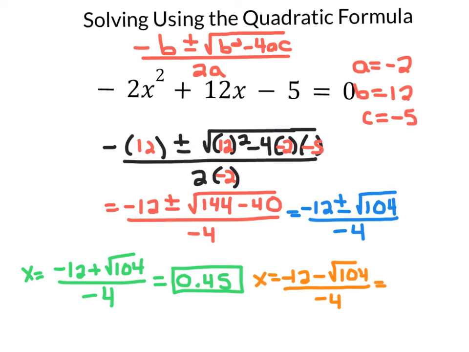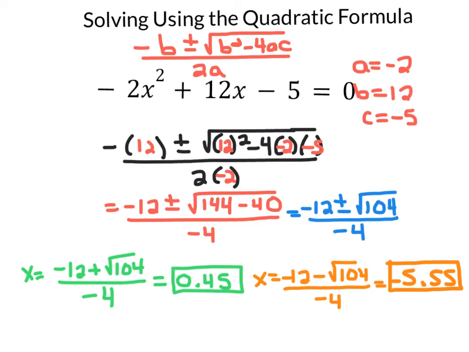Our -12 minus the square root of 104, divided by -4, will result in -5.5 and so on. When we round to the nearest hundredth, it's going to be -5.55.